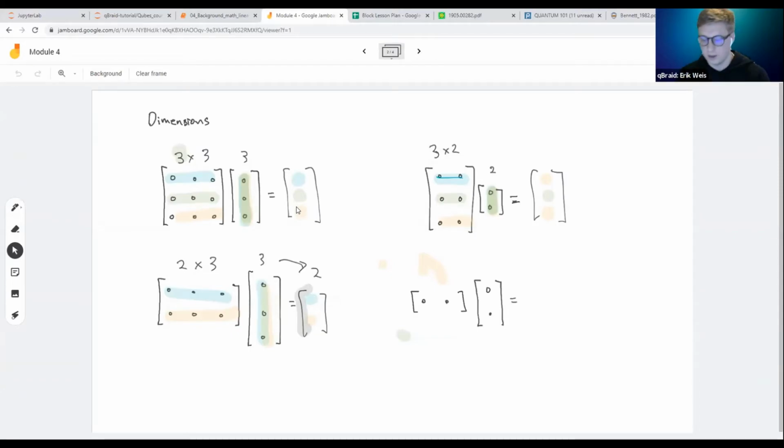So you can see the number of rows in your matrix is going to correspond to the output of the vector.